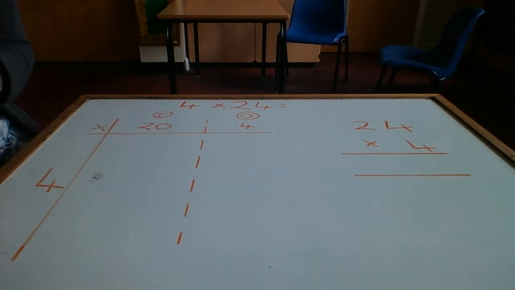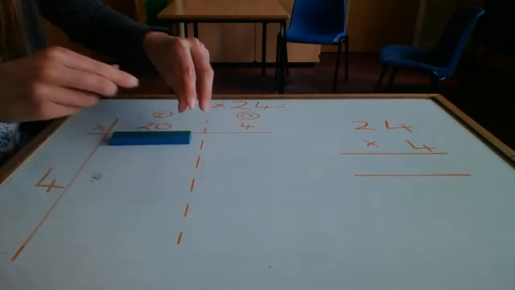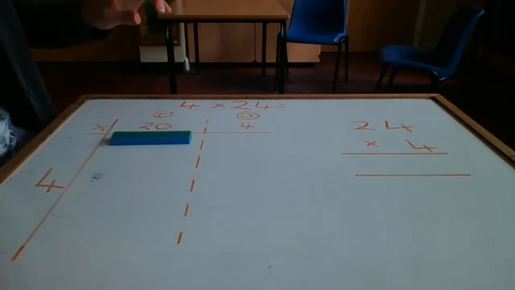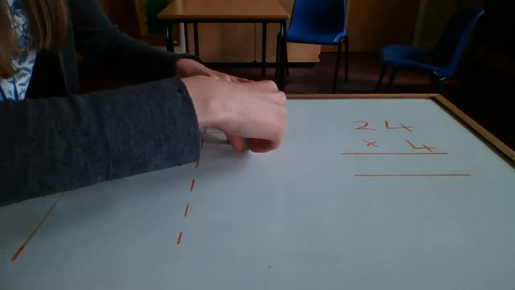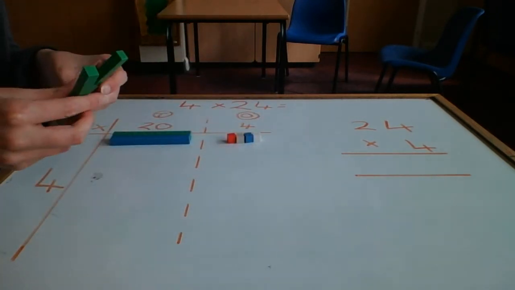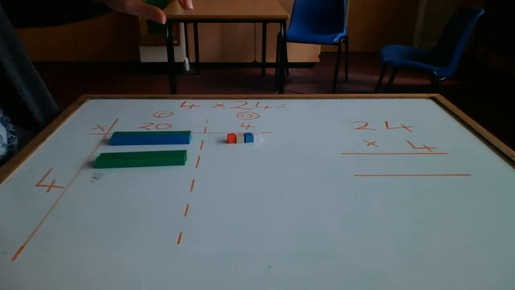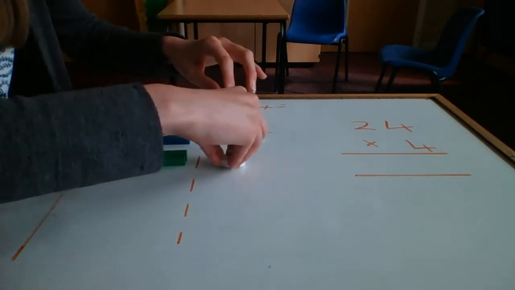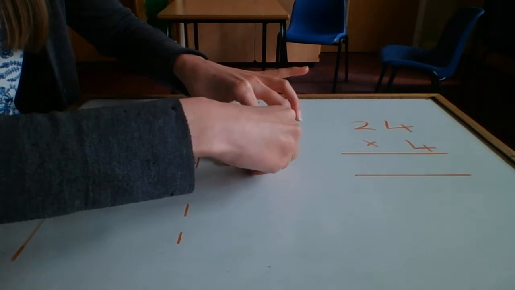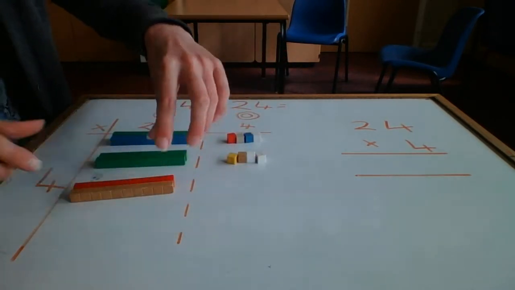And then I'm going to make my numbers. So I have got 20, 1, 2, 3, 4, and then I need another set of 24. Another set of 24.